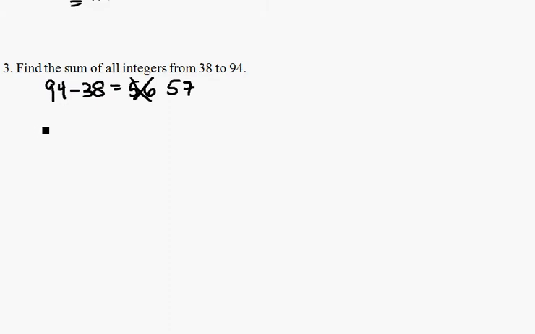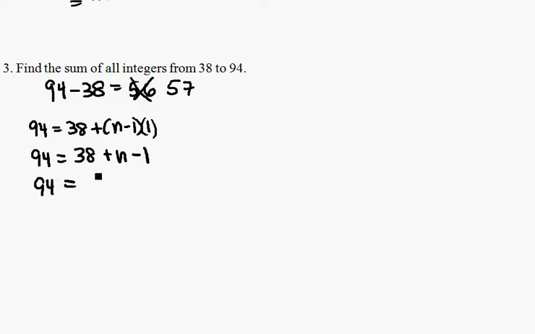Well, if we use the general term of an arithmetic sequence, we can do 94 equals 38 plus n minus 1 times the common difference, which is 1. 94 equals 38 plus n minus 1. 94 equals 37 plus n. If I do 94 minus 37, I'll get 57.